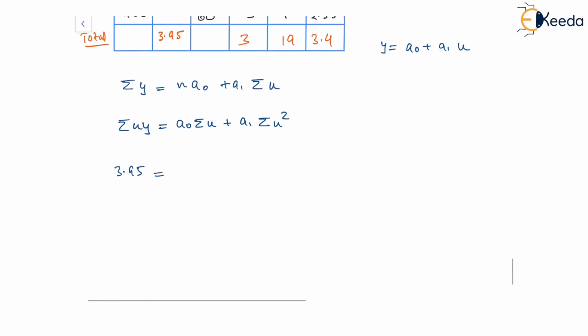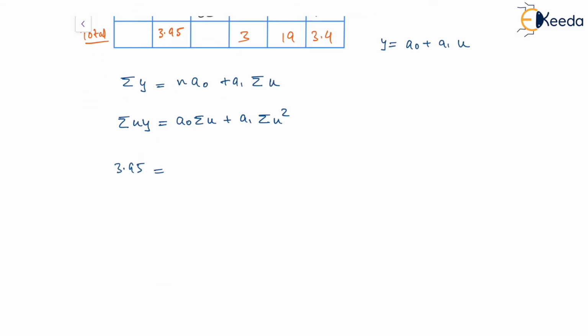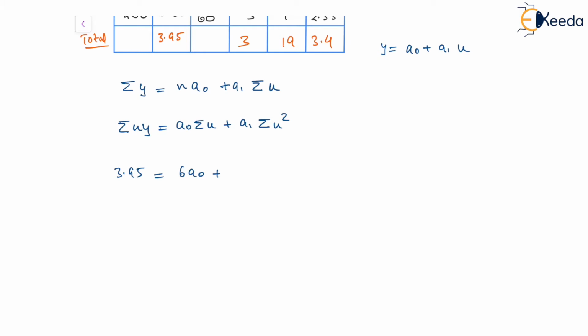Now with n equal to 6, the equation is 3.95 equal to 6 times a naught plus 3 times a1. Summation of uy, this is 3.4, equal to 3 times a naught plus 19 times a1, and 19 is the value of summation of u square.